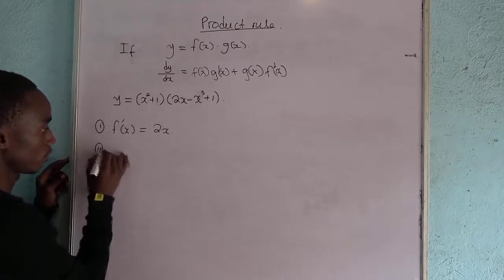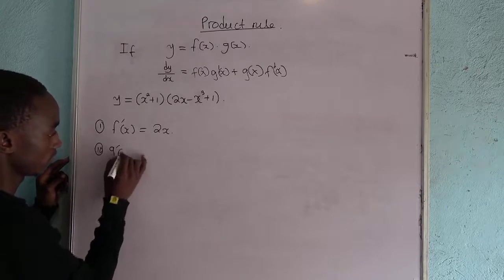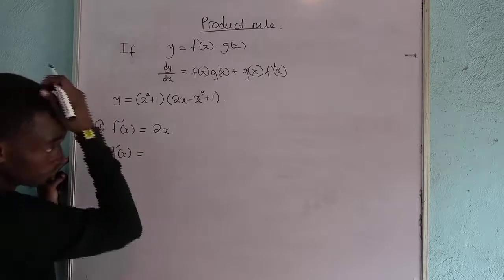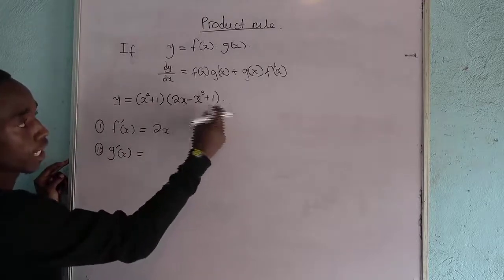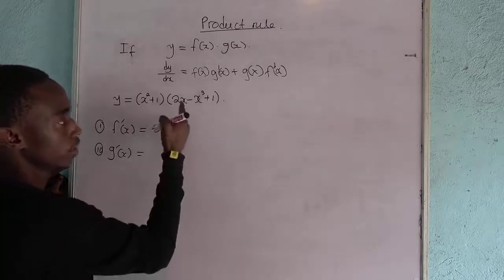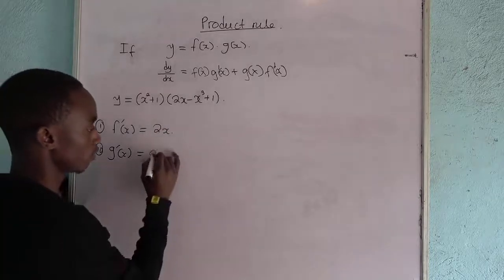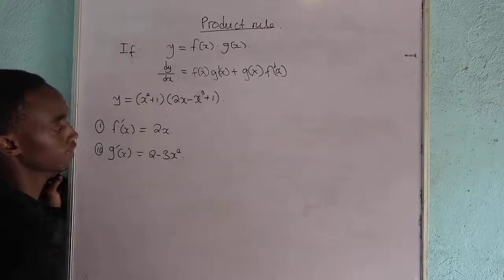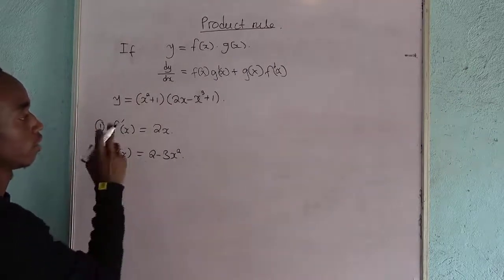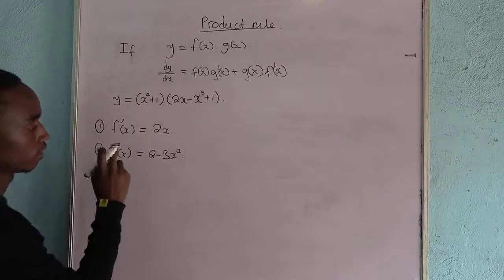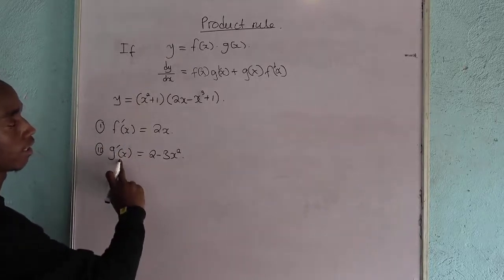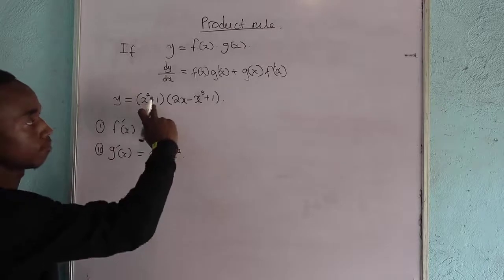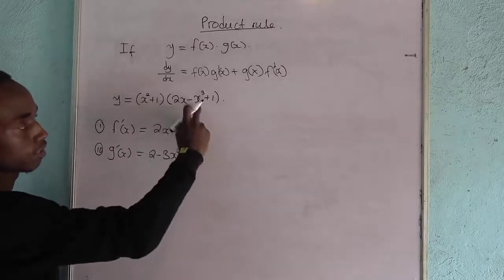And then for the second one, which is g prime of x, this one is our g, and differentiating this one, you're going to remain with 2 minus 3x squared like that. So we now have f prime of x and also g prime of x, and then this is f of x, g of x.